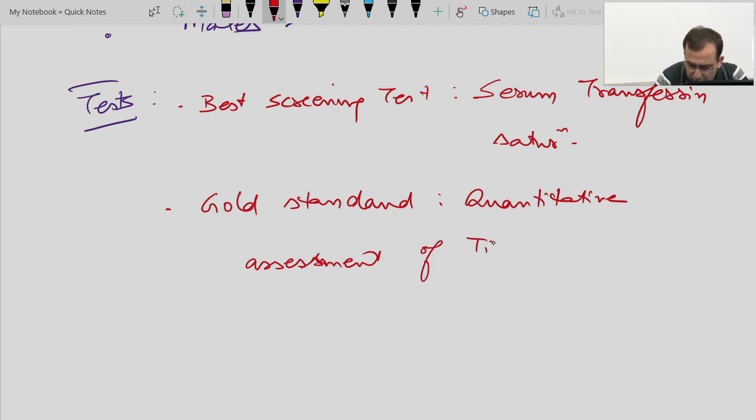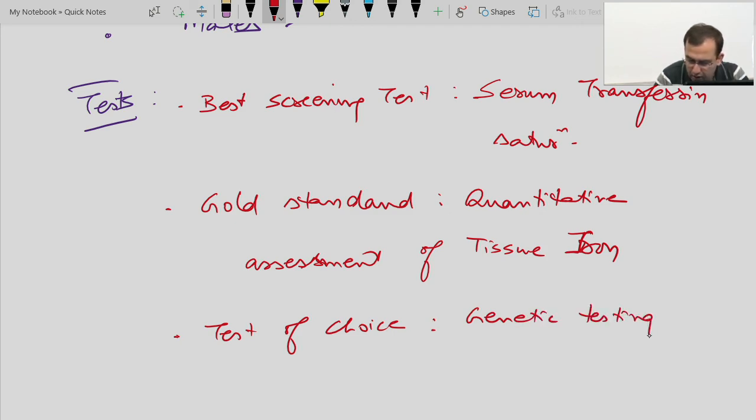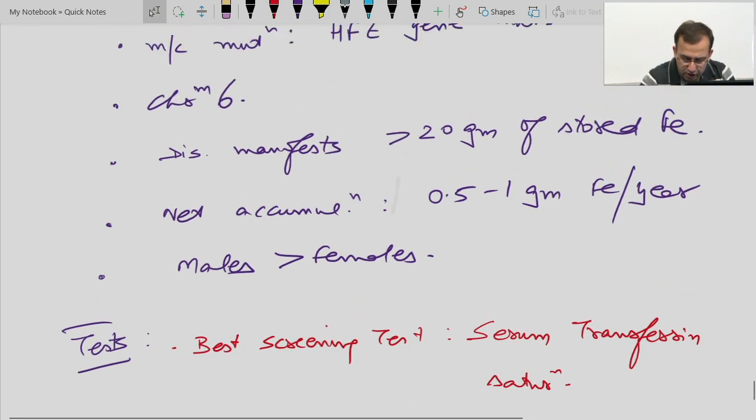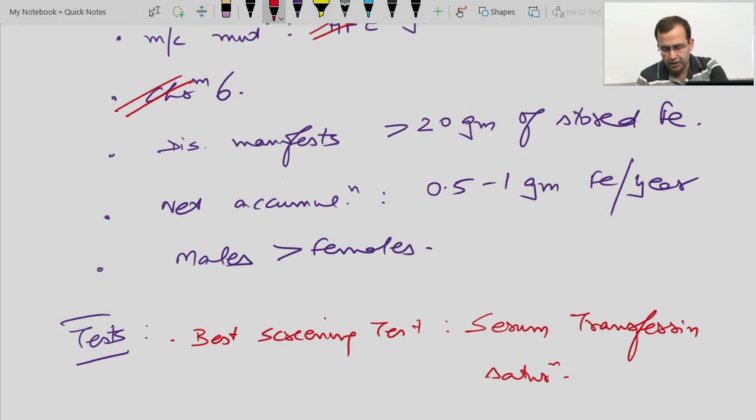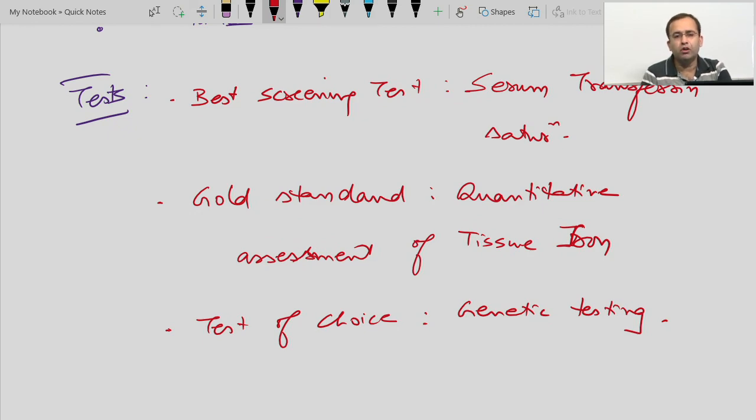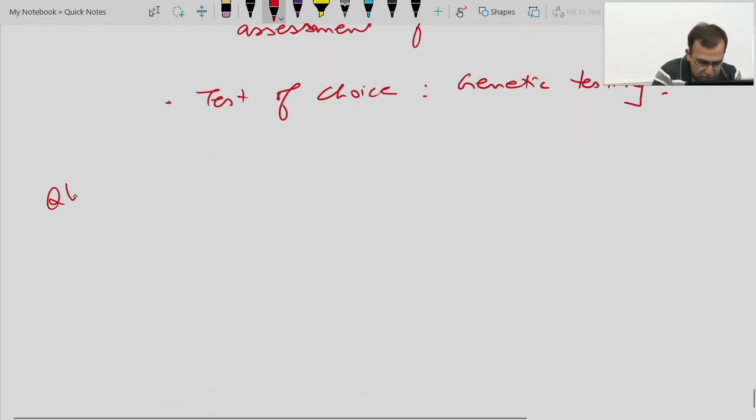However, the test of choice is genetic testing. We have already seen the stain is Perls or Prussian blue stain. So: multiple blood transfusions, iron overload, hemochromatosis, autosomal recessive, HFE gene, chromosome 6. These are the main points with hemochromatosis. Next, question 143.